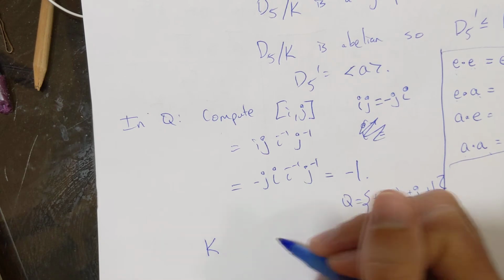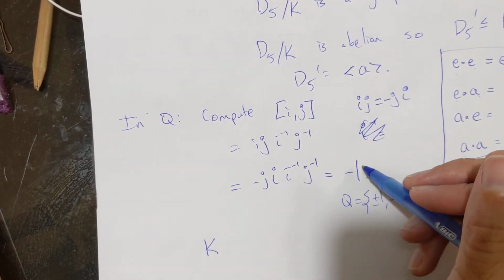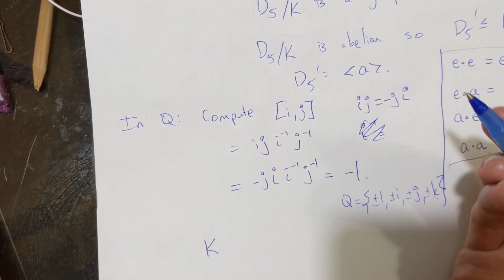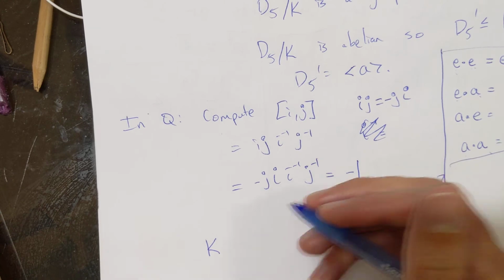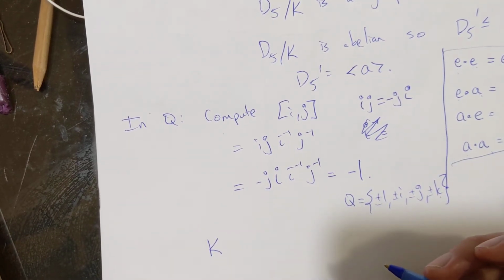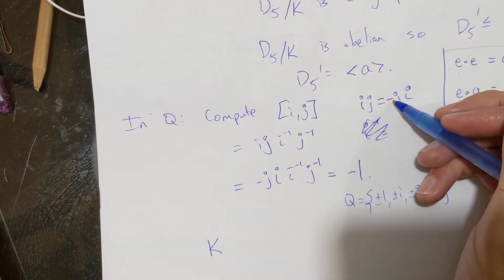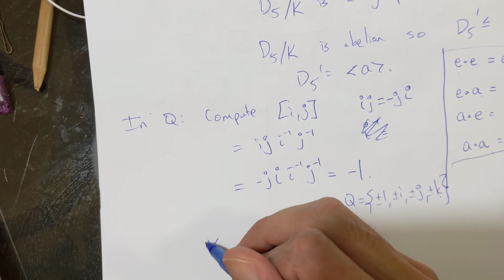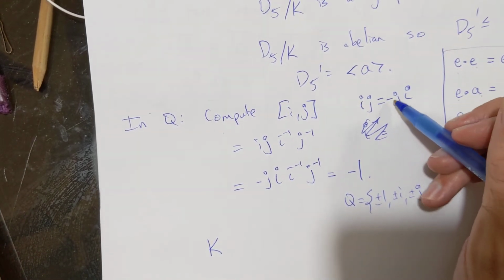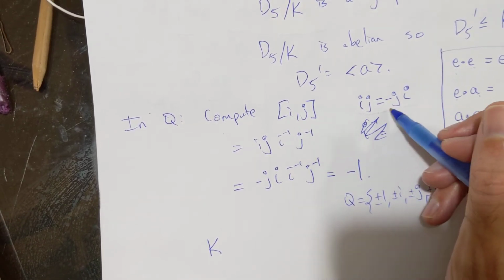So let's take K to be the subgroup generated by -1, and see if Q mod K is abelian. If it is, then we can stop. It's a good hope for it to be abelian, because when you mod out by K, it's like saying that the plus or minus doesn't matter, and if the plus or minus doesn't matter, this just says IJ is JI.